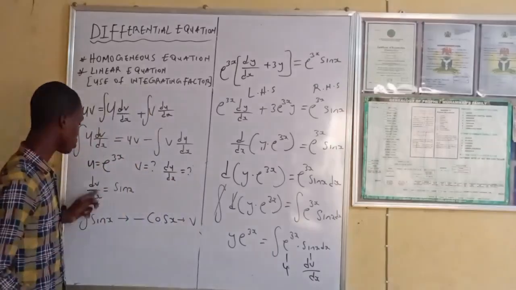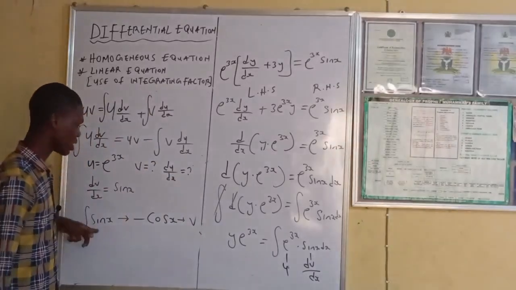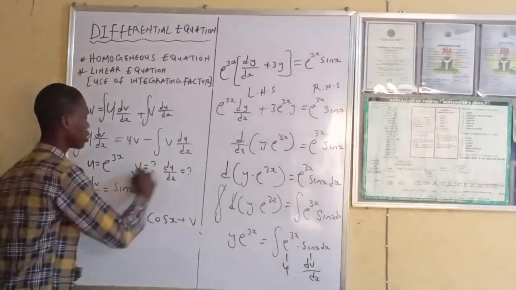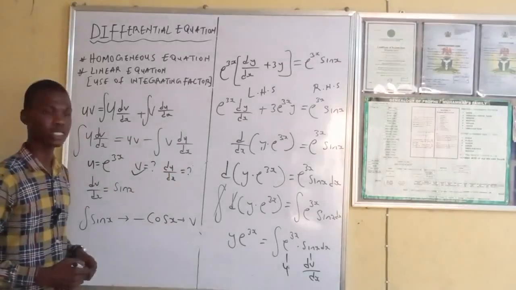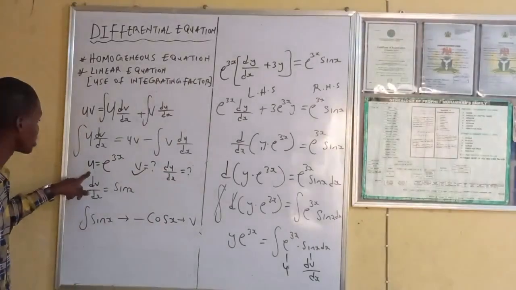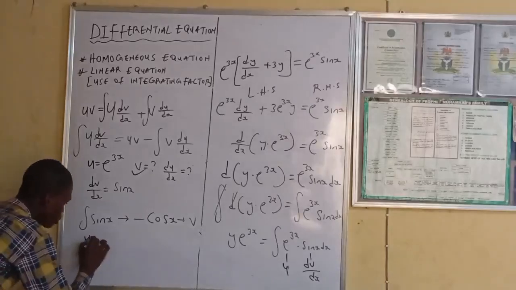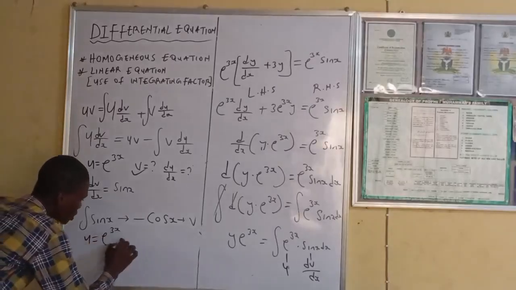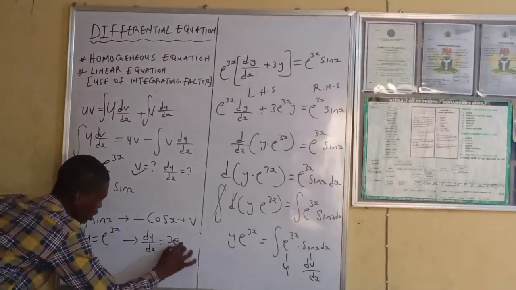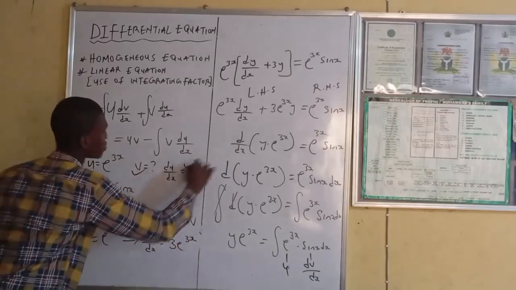The function in this case, which is dv over dx, is sine x. Then to get v, integrate sine x. That will give us minus cos x, meaning minus cos x is equal to v. What about du over dx? How do I get du over dx? I can get du over dx by differentiating u. If u is equal to exponential 3x, it means that du over dx is equal to 3 exponential 3x.